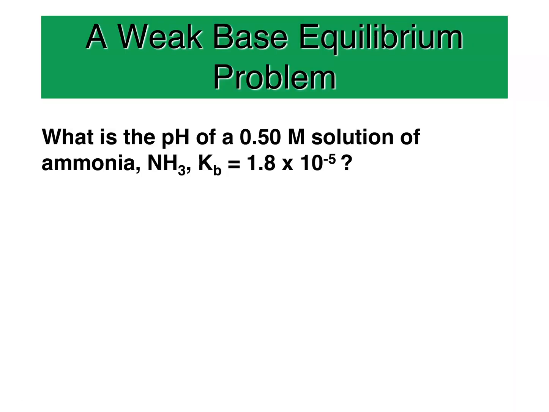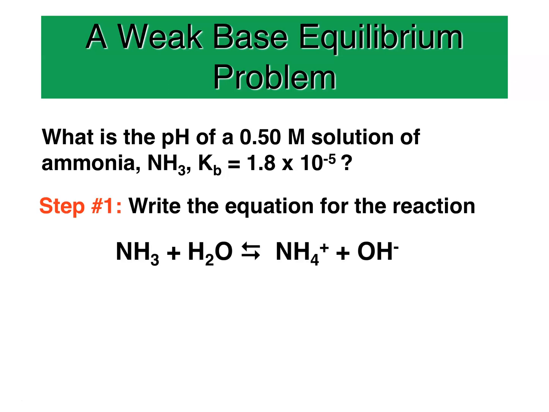Okay. All right, when it comes to doing a weak base equilibrium problem, everything we just did for a weak acid is identical for a weak base problem. They are the same in every possible way except one. If you notice, hydroxide is produced in the reaction.